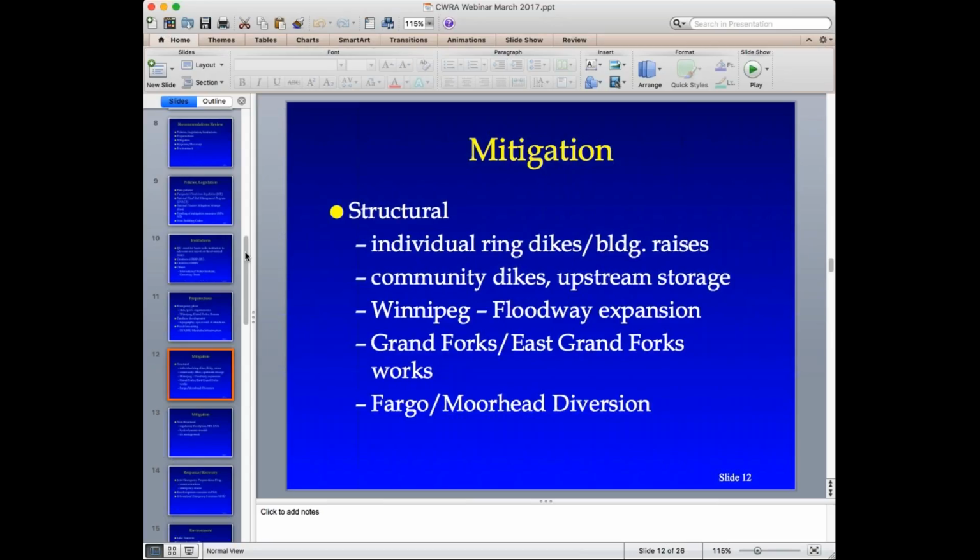Similarly, Grand Forks and East Grand Forks were devastated by the 1997 flood, and that devastation led to reorienting the whole downtown of East Grand Forks and a very significant Corps of Engineers levee project in the city of Grand Forks.